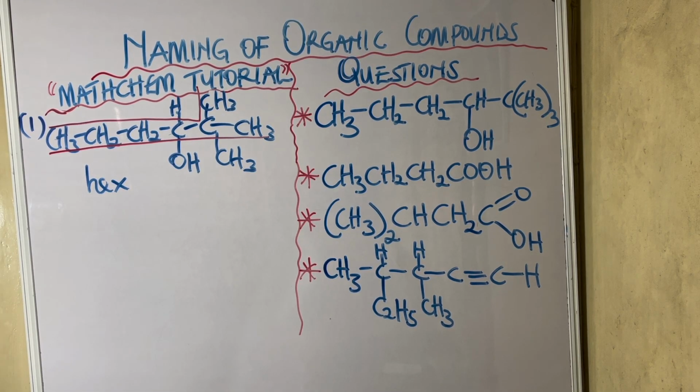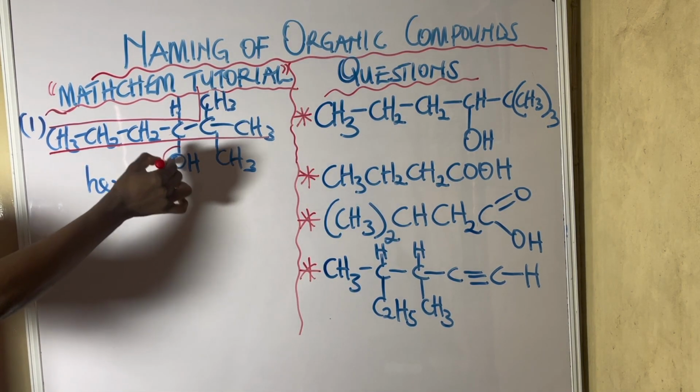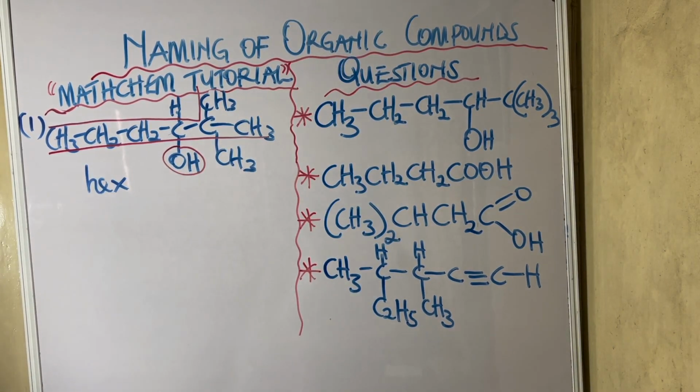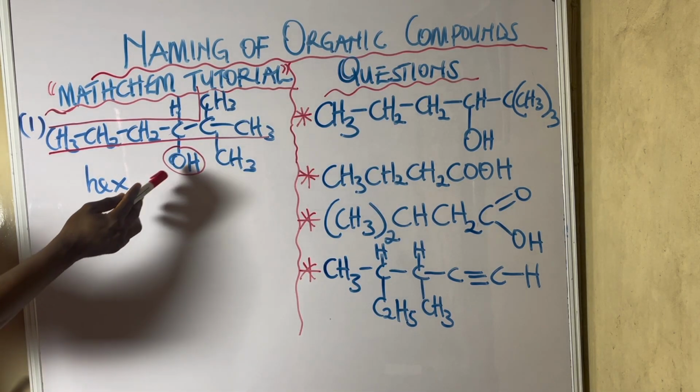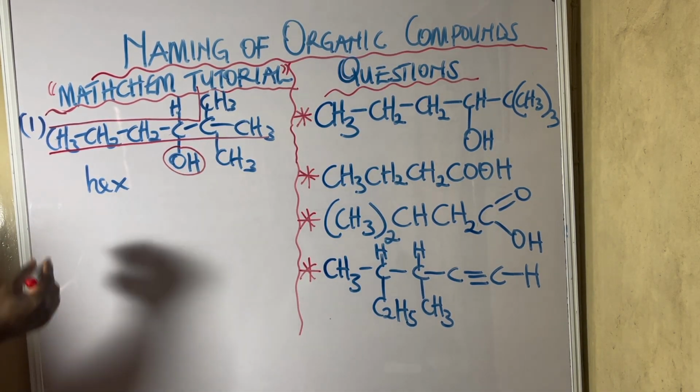So what is the functional group? The functional group is OH, as you can see. Now let's count. Functional group is OH, that means it's an alkanol. So let's count to find on what carbon the OH is found. Remember that one of the rules is that when you want to count, you start counting the carbon atom closer to the functional group. So I should start from here.